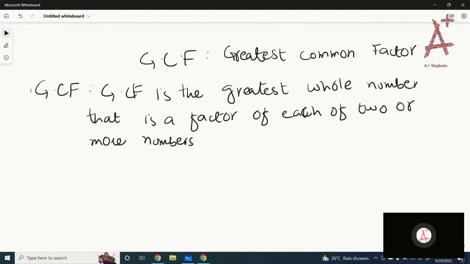Okay, so what is GCF? GCF is the greatest whole number that is a factor of each of two numbers. We have to find the greatest factor of both the numbers.